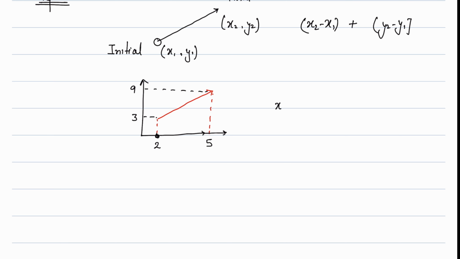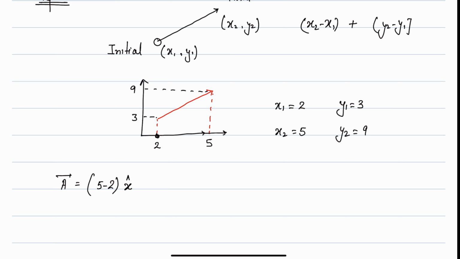So you have x1 equals 2, x2 equals 5, y1 equals 3, y2 equals 9. How to solve the vector? Vector A equals x2 minus x1, 5 minus 2, in the x direction, plus 9 minus 3 in the y direction, y cap. So what is the answer? 3x cap plus 6y cap.